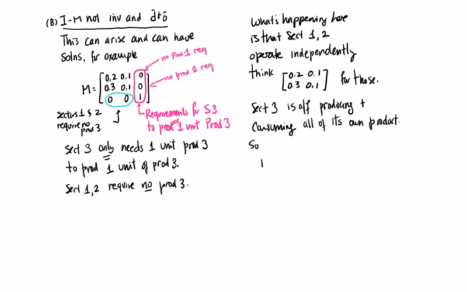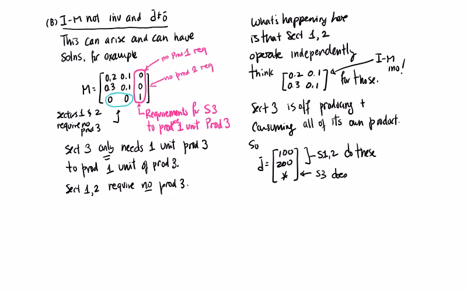So for example, we could have something like some D. You could make up a D like this. This could be anything you like down here. So sectors 1 and 2 do these. Right, up here this I minus m is invertible. And then sector 3 does this by itself.